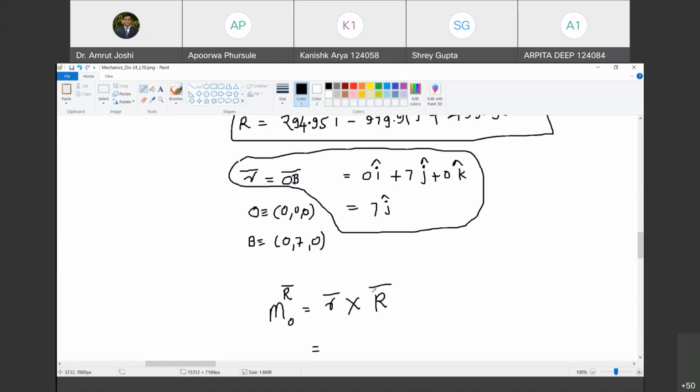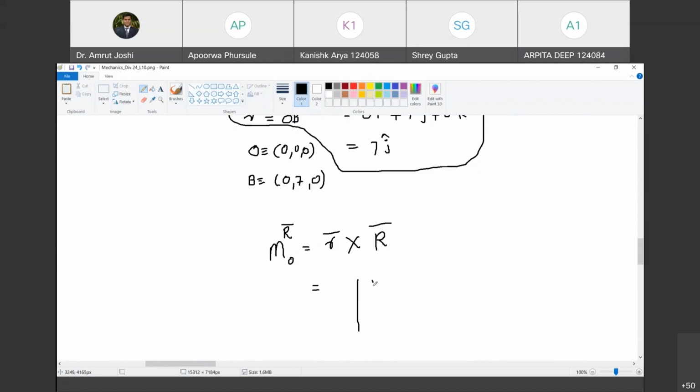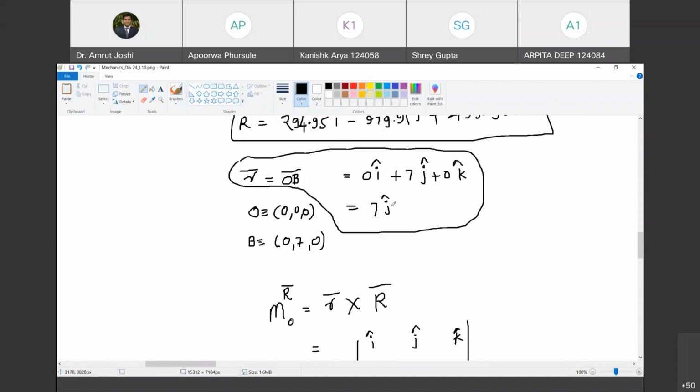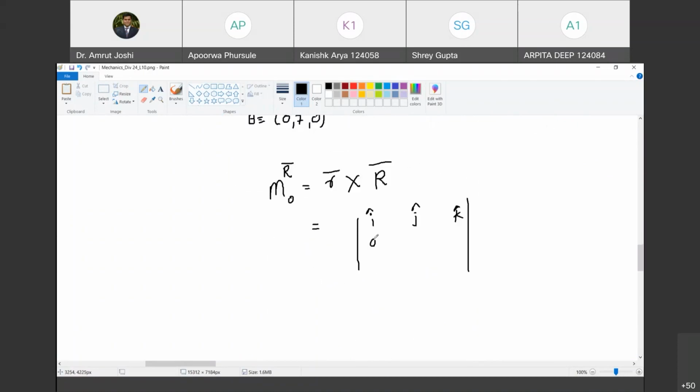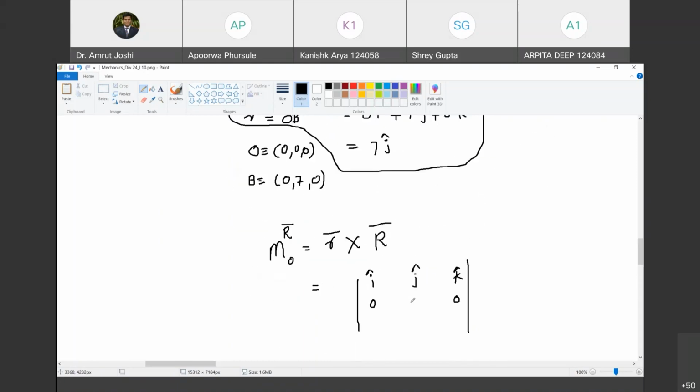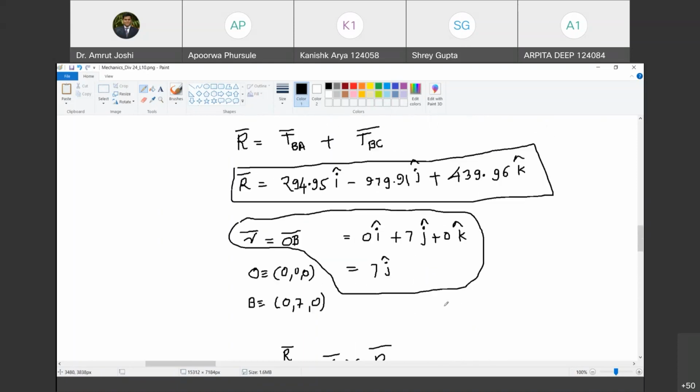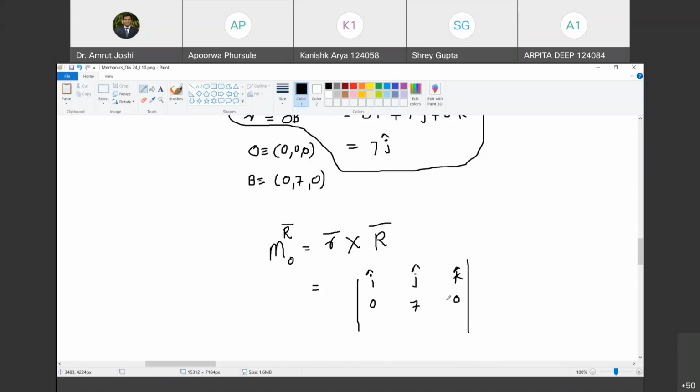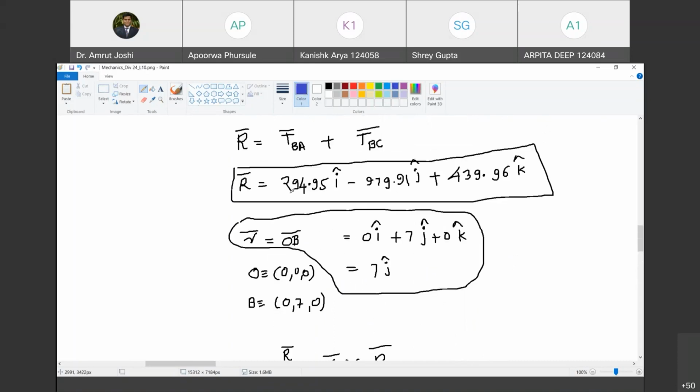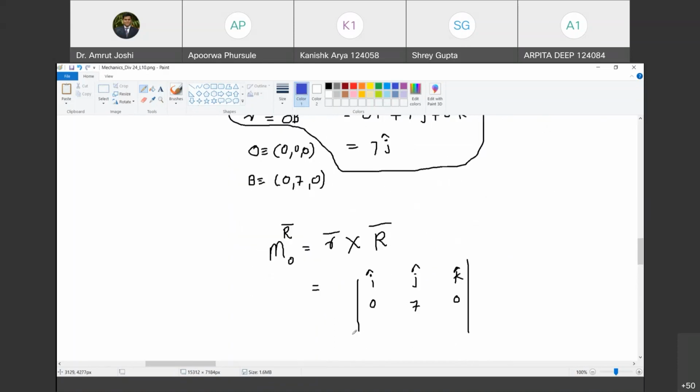Let me write it as a determinant: I cap, J cap, K cap. What is the I cap coefficient of small r bar? 0. What is the K cap coefficient of small r bar? 0. What is the J cap coefficient of small r bar? 7. Happy? Are you with me? Yes, sir. Okay, now what is the I cap coefficient of capital R bar? 294.95.